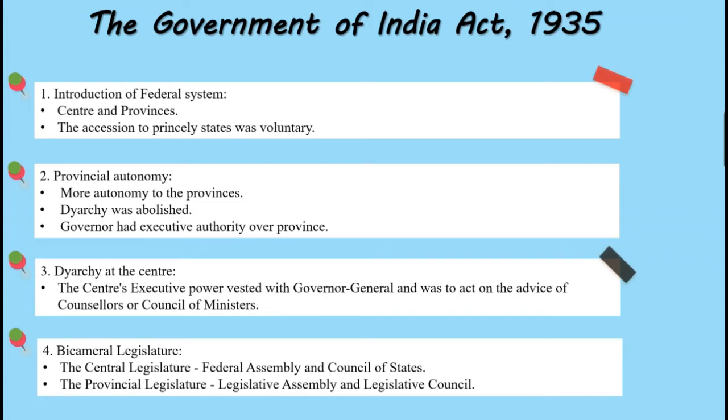Fifth, the bills relating to a number of subjects, such as those derogatory from the powers of a high court or affecting permanent settlement, when presented to the Governor General or Governor for his assent, were to be reserved for the consideration of the Governor or the Governor General as the case may be.